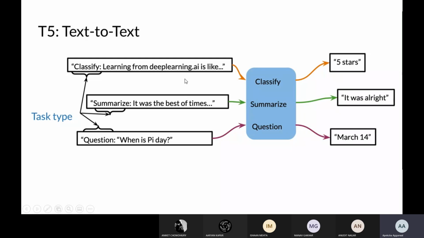Now suppose you want to ask a question, so in the same model itself you will ask a question and you will give a label that it is a question, so that the model will give you the answer to that question. So T5 is also a very intelligent algorithm, and it is able to do multiple tasks from the same model itself. It can carry out multiple tasks.